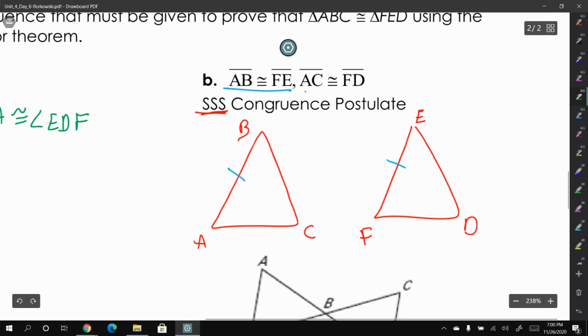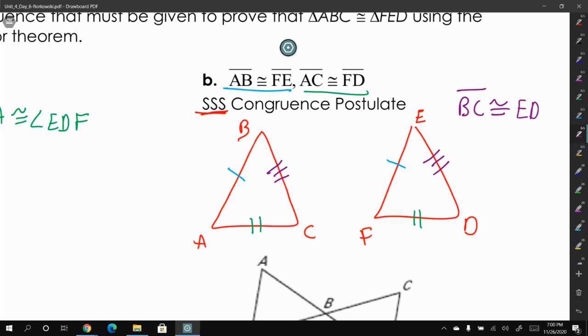We have AC is congruent to FD. So to have side side side be true, we would have to have BC congruent to ED. BC is congruent to ED. That would give us the 3 pairs of congruent sides that we would need for side side side.